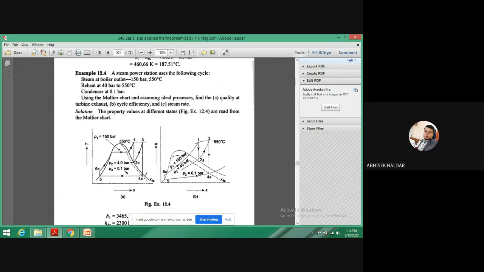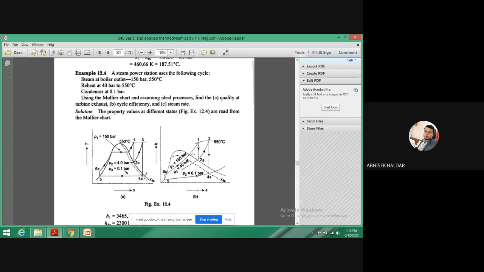How? Very simple. Last class I told you regarding this. If we know the pressure 40 bar, this 40 bar line will be present in the Mollier diagram.